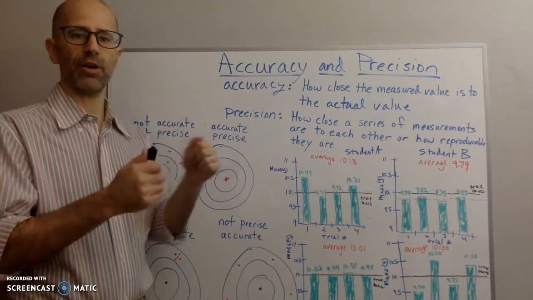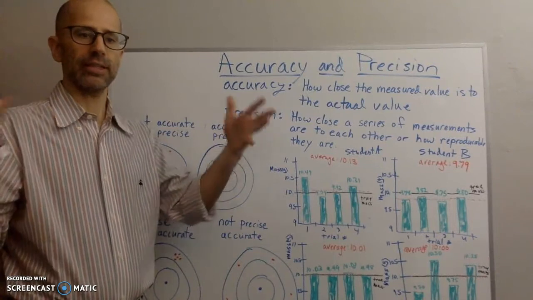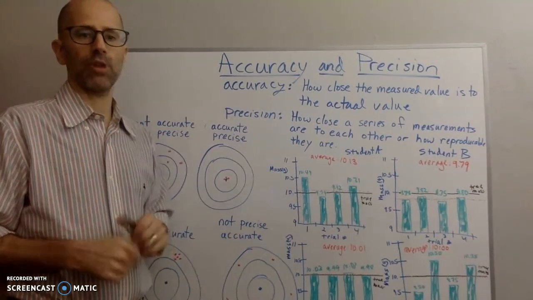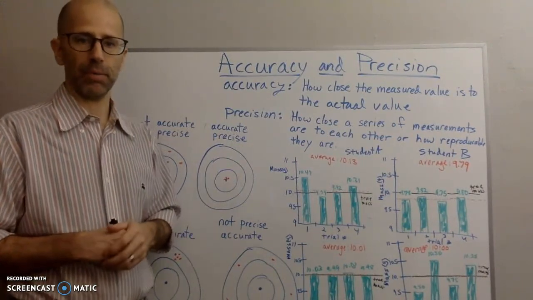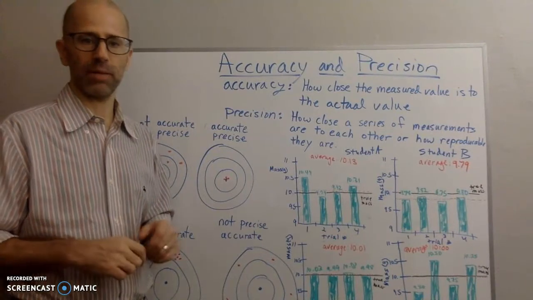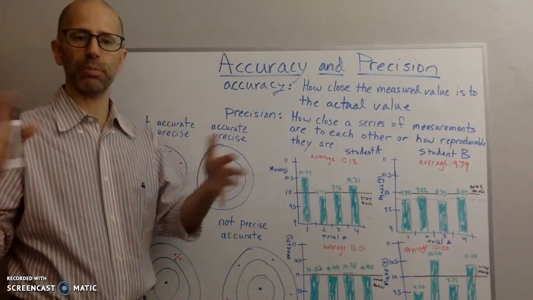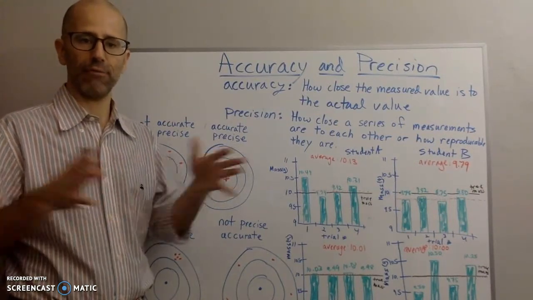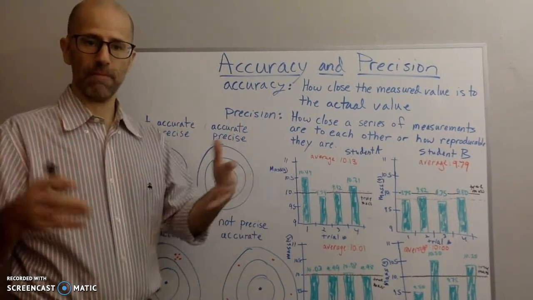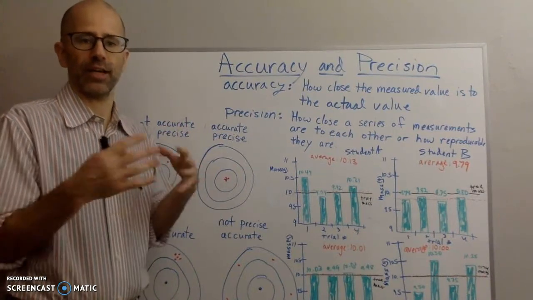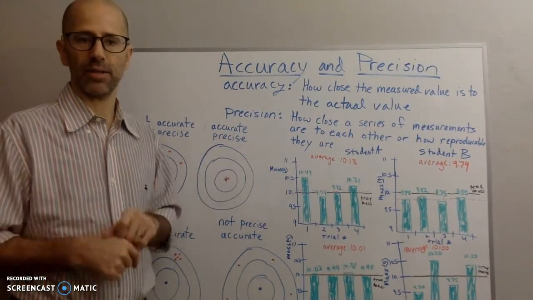So if you take various measurements of, say, the same thing, or different people take measurements of the same thing. So if I want to find the average mass of an M&M in a bag of M&Ms, right? And then several different people find that average, and we compare our answers to each other. And if they're really close to each other, then that would be precise, if we're using, say, the same tool.